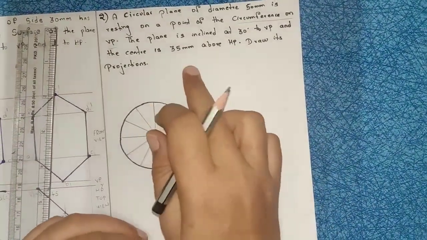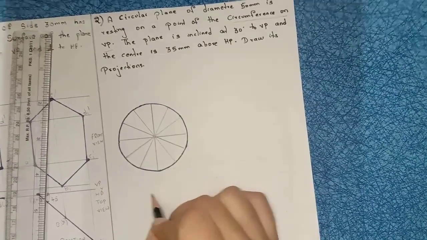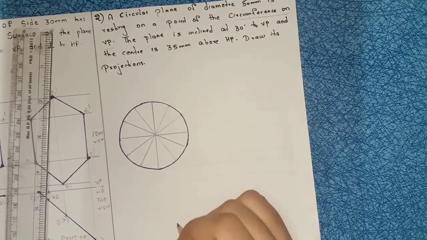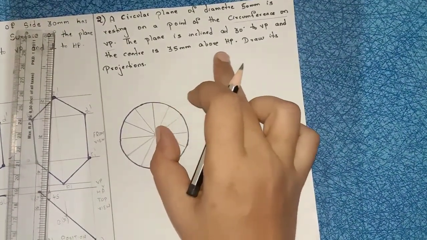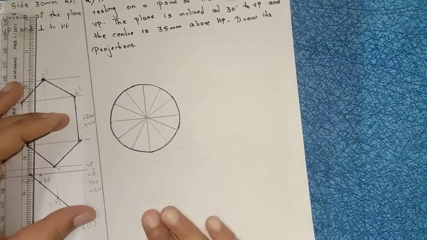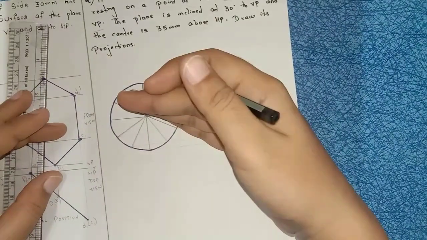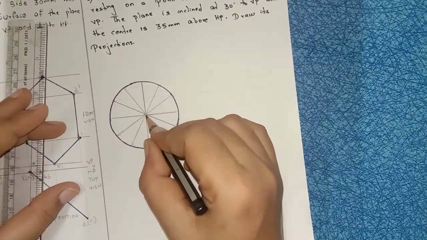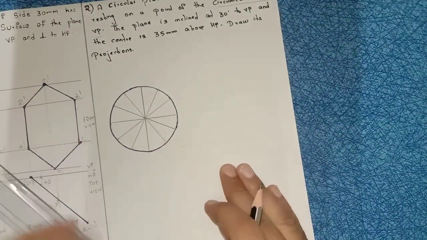Now if they didn't mention the distance here, right, just from here we will take 5 mm gap and we will draw the reference line. But here they mentioned distance is 35 mm above HP. This is below the reference line, HP, right? So 35 mm above HP means from the center of the circle I should leave 35 mm and I should draw the reference line, right?